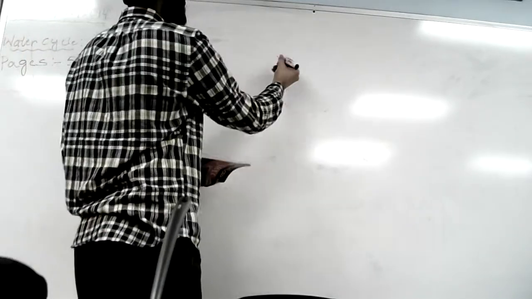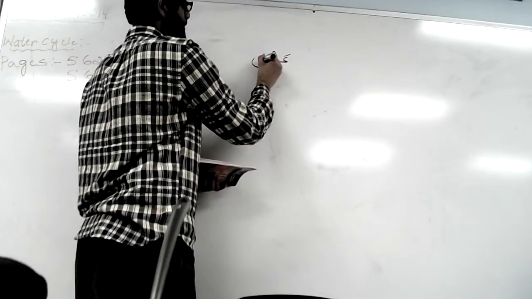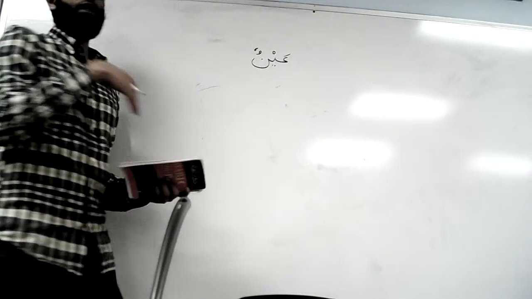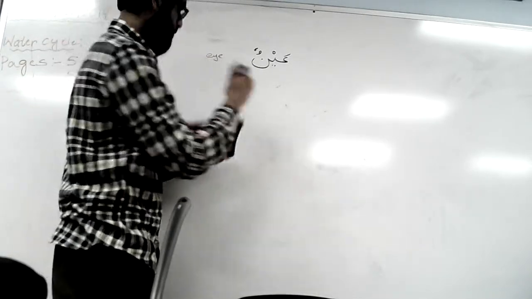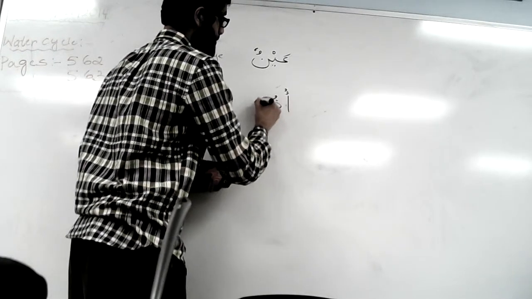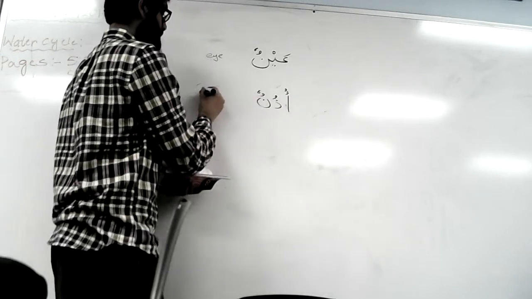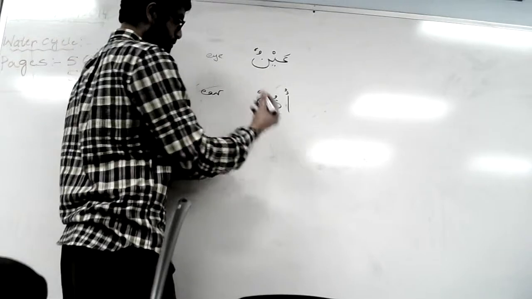So I think the new ones, we did ayn, right? Ayn means eye. Aynun is one eye, so aynani are 2 eyes. And then the next one was udhunun. Udhunun means ear, right? Yadun we already did.